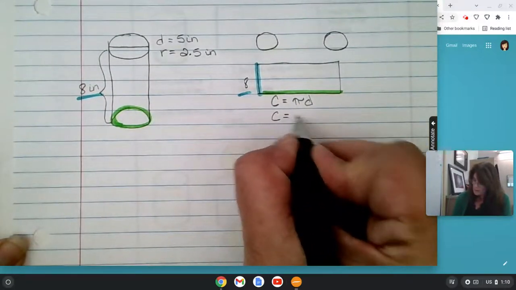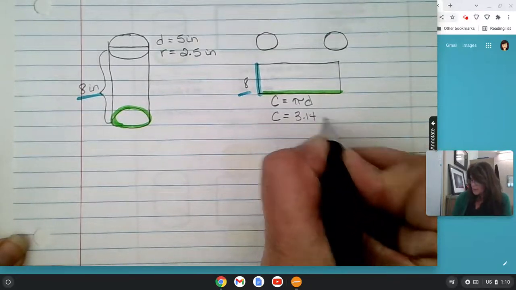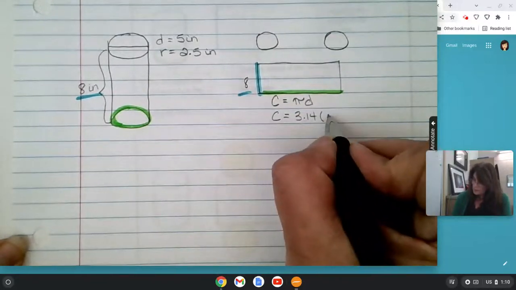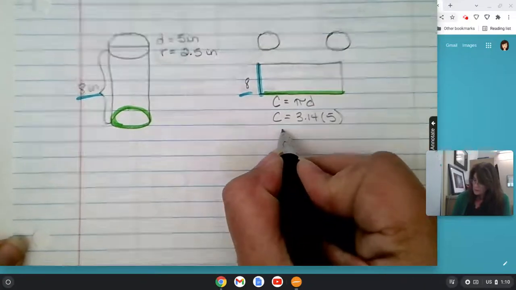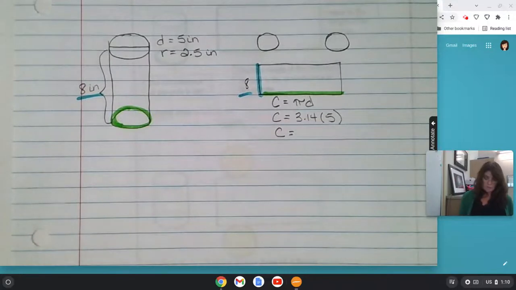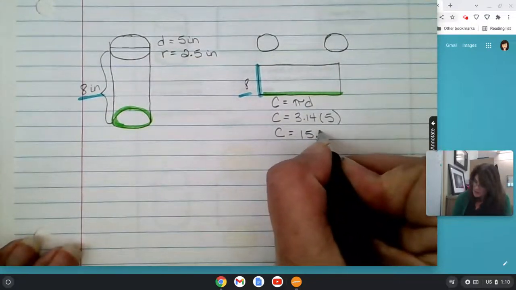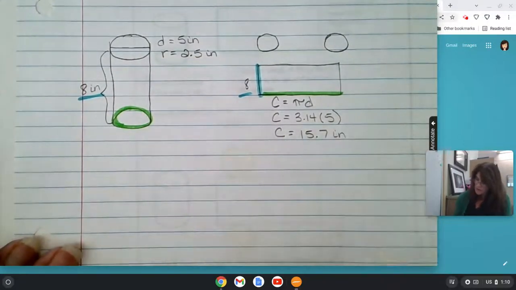We're just going to use 3.14 for right now. It's the most common. So that's going to be 15.7 inches.